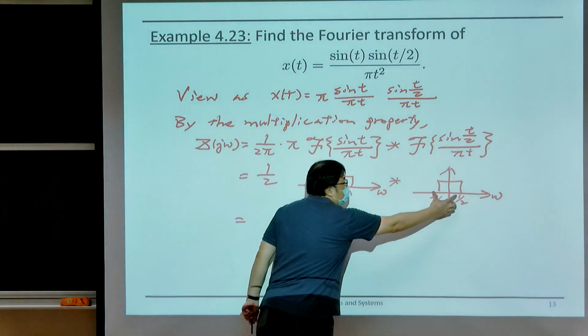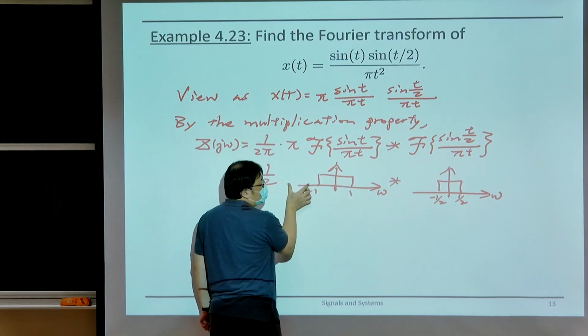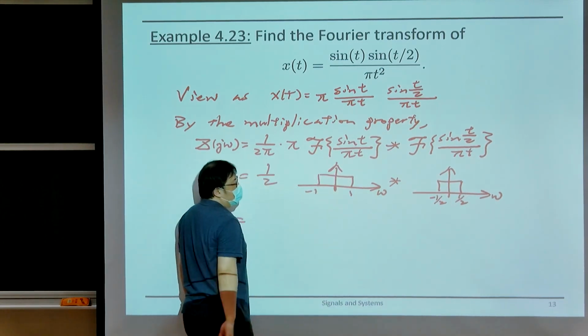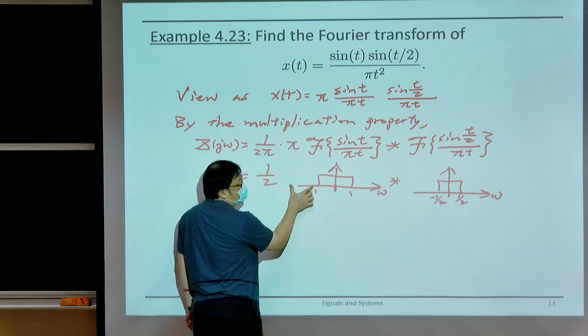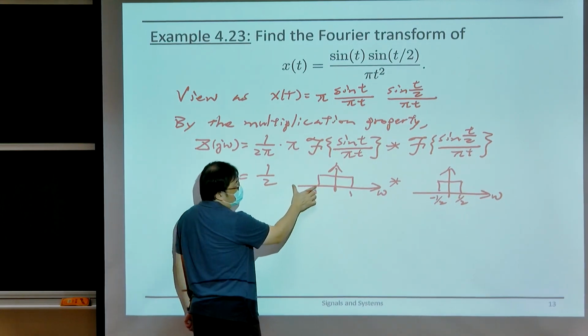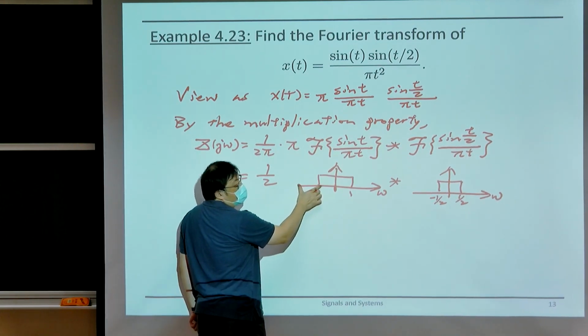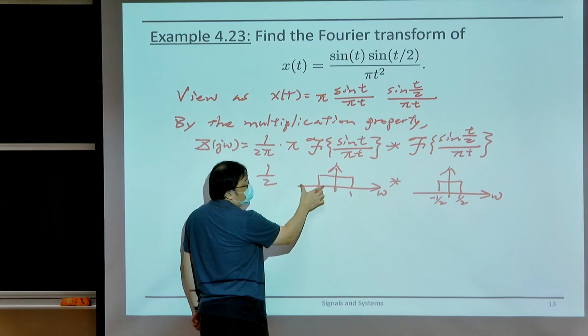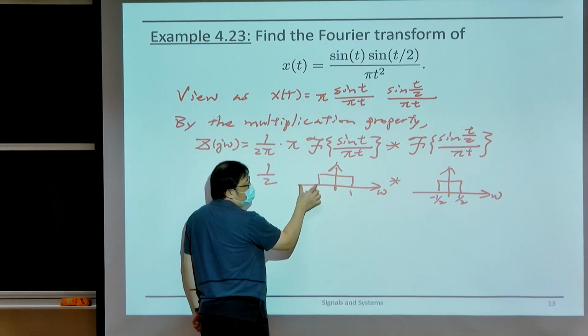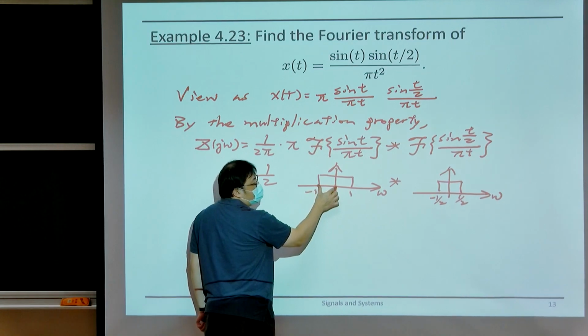Computing the convolution is easy. We just take the square function and slide it through. Before they touch each other, the convolution is 0. Once they start to touch each other, the convolution increases linearly until they overlap completely.